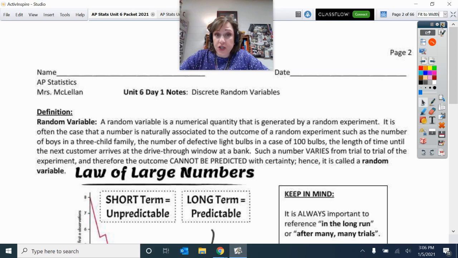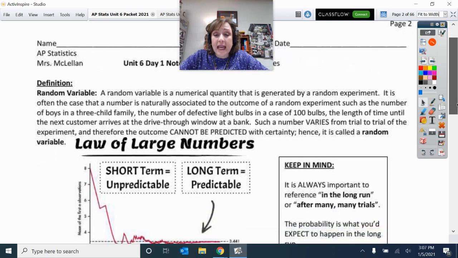So just in general, we know that we have a random variable because it's something that comes out in an experiment where you cannot predict what's happening. Like when I toss a coin, I do not know what that next result is going to be. Okay, so I cannot predict with certainty. It varies from coin toss to coin toss, but in the long run, there is a predictable outcome.